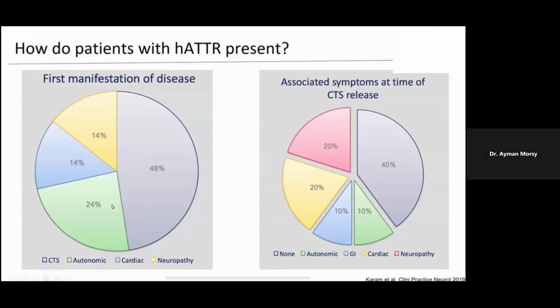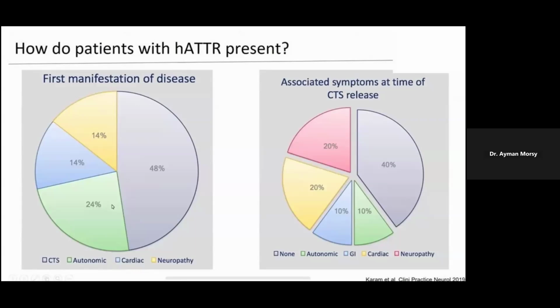I like these slides. This is the first manifestation of the disease, carpal tunnel. You can see very nicely, in the first presentation of patients with ATTR, on your left side, 48% have carpal tunnel syndrome. So the first manifestation of ATTR cardiomyopathy, around 50%, 48%, is carpal tunnel syndrome. Only 14% have neuropathy and 14% have cardiac involvement.